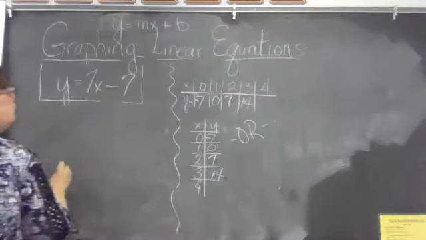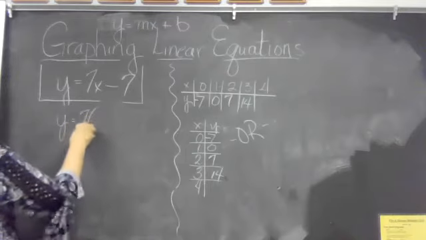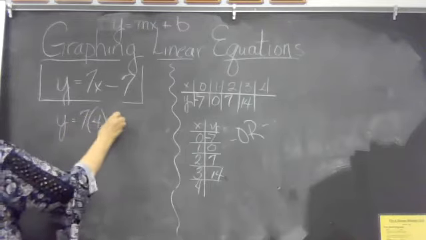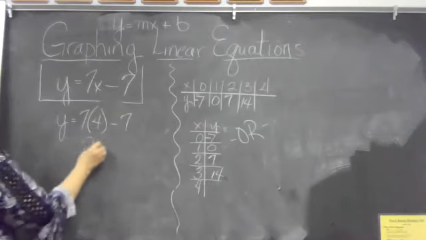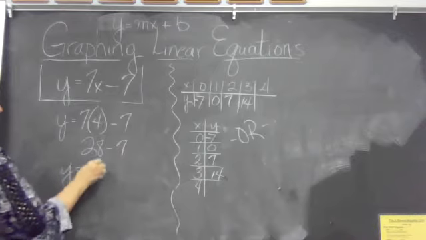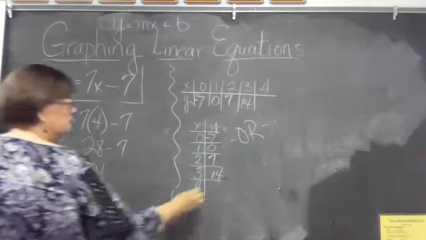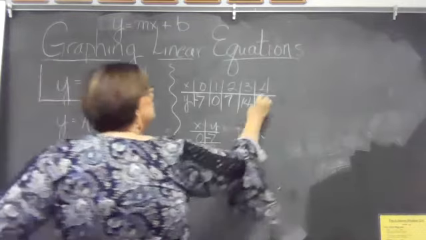Using the same equation over and over again for a t-chart, y equals 7 times 4 minus 7. So now I have 28 minus 7, so y equals 21. If x is 4, y is 21.